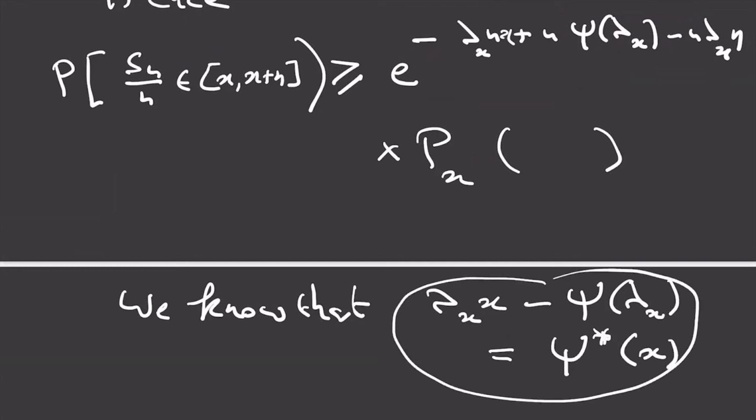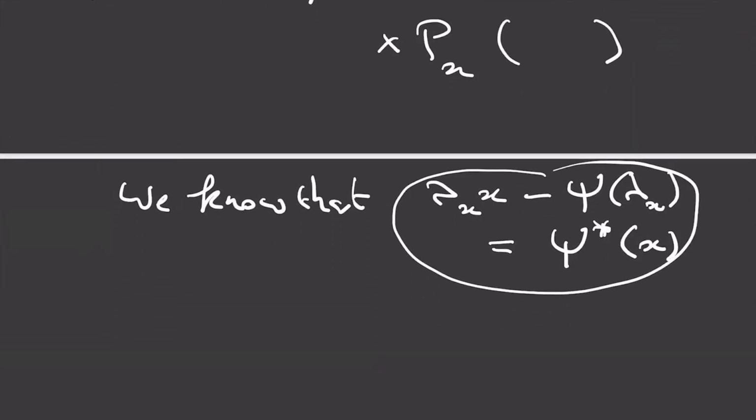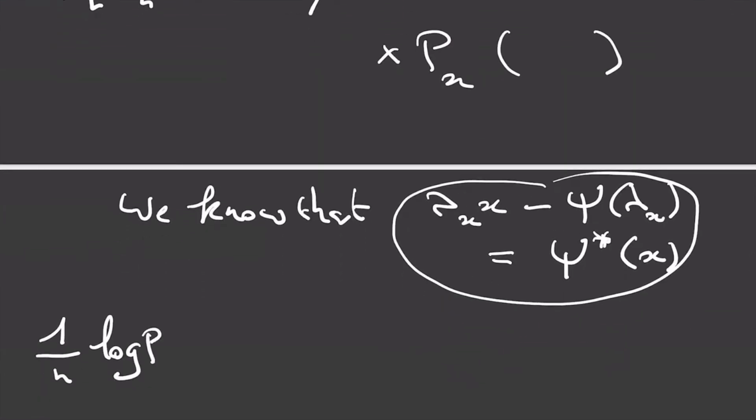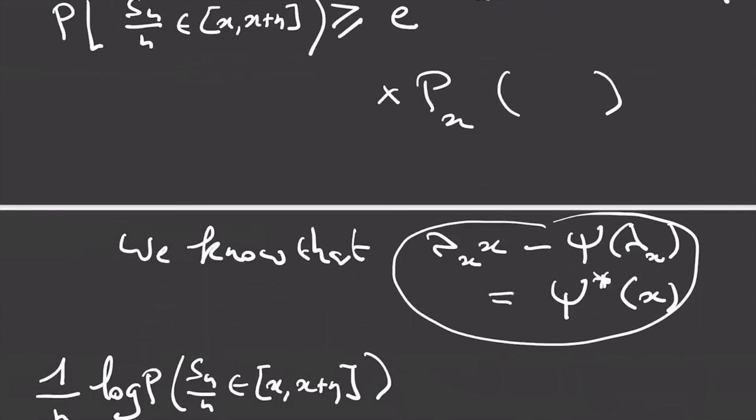Great. And so what we see here is that if we normalize everybody by 1 over n, and we take the log of the probability, this is what we have to look at. At this scale here, what we get is simply minus psi star of x, and we are happy.